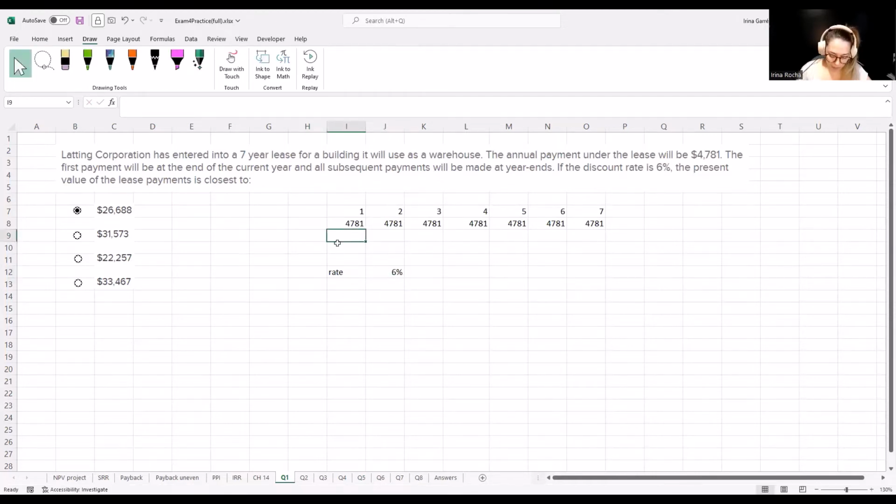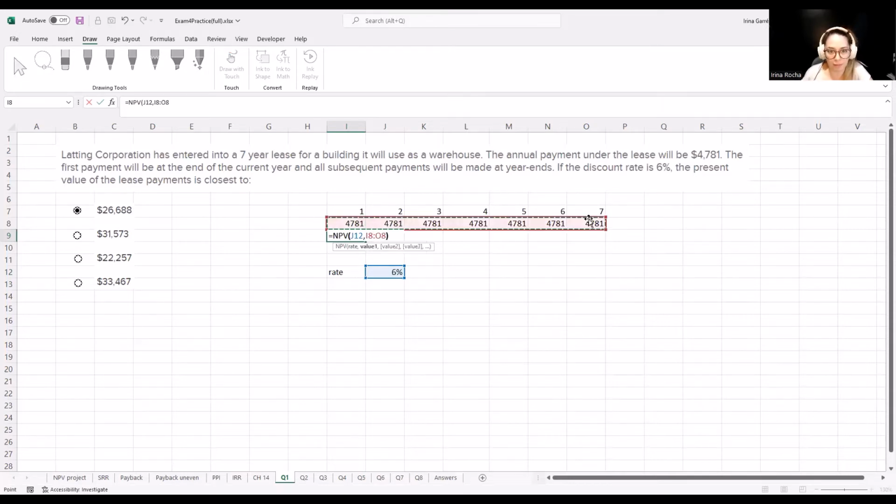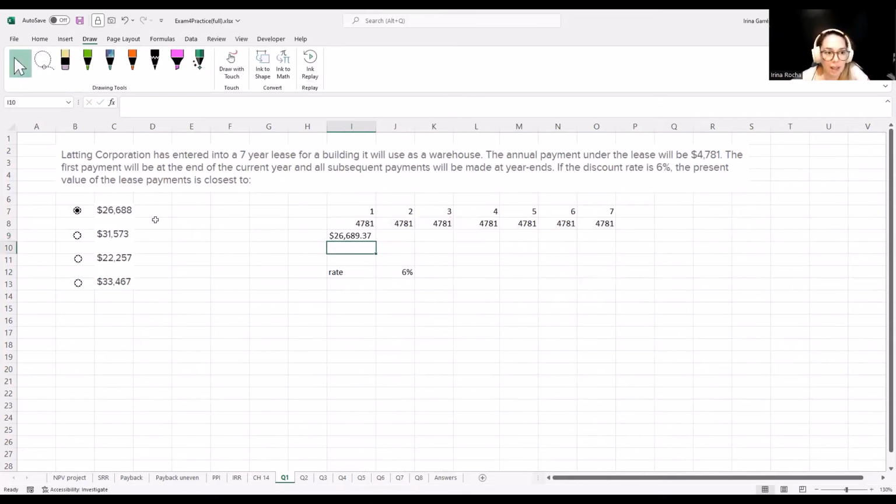So then if we use the formula, net present value of this rate and these payments right there, we are going to get the right answer. But what does it mean?